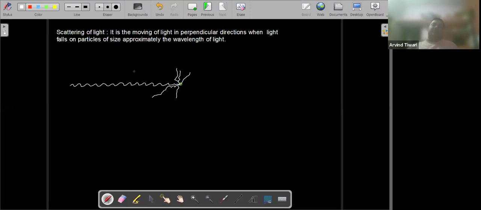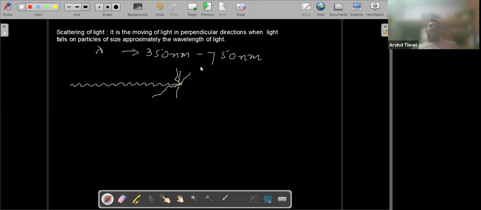Now here, if we discuss the wavelength of visible light, it ranges from 350 nanometers to 450 nanometers, right? That means, sorry, not 450, it's 750. Okay, it's 350 to 750 nanometers.